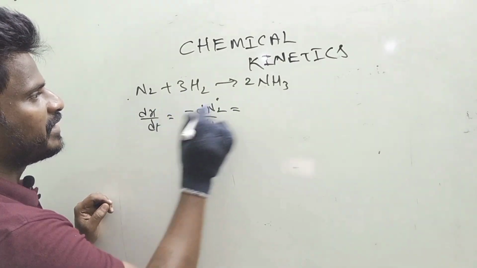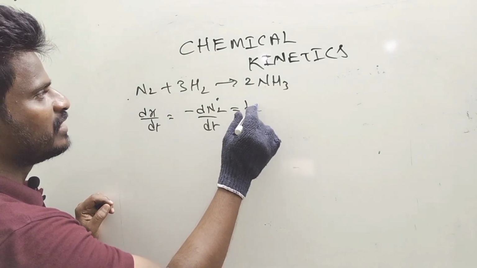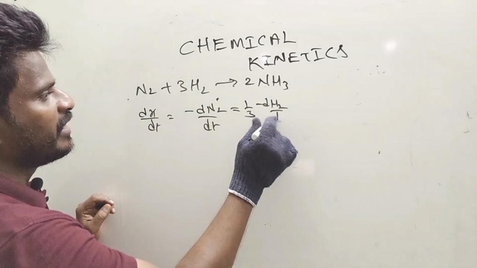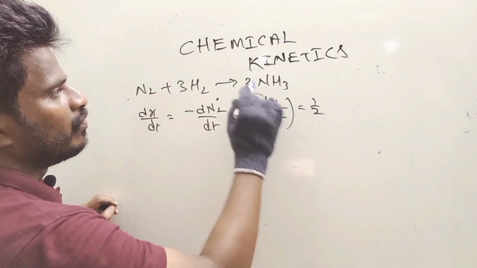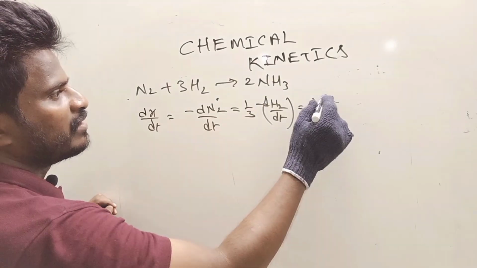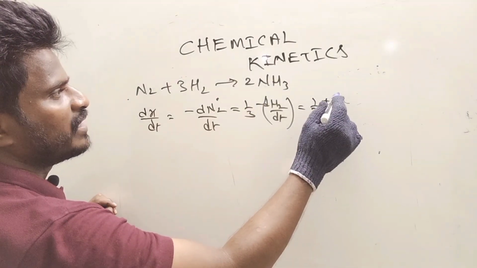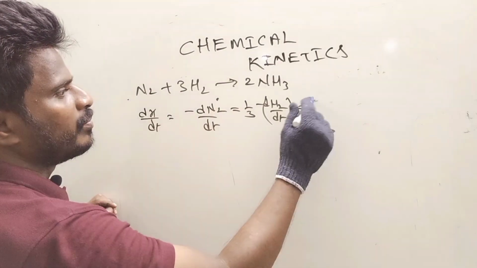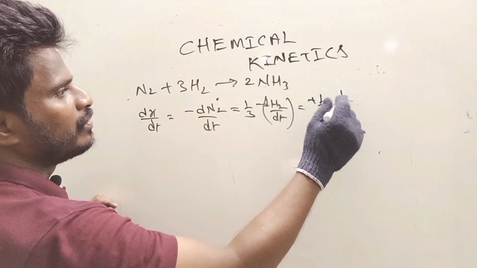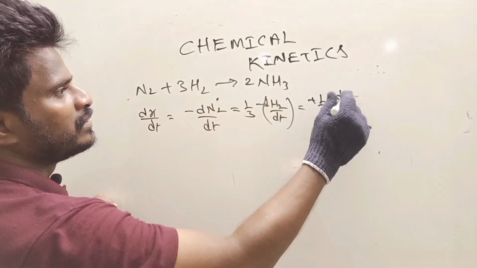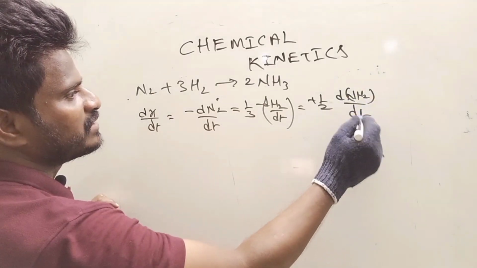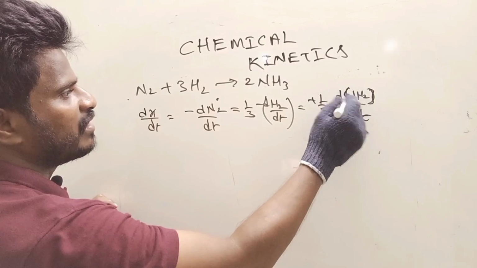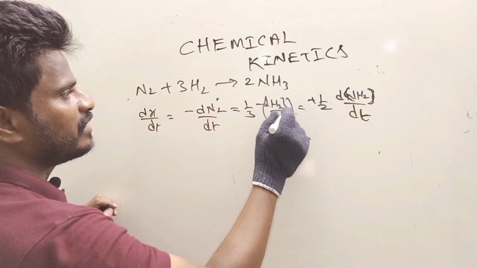H2 is also a reactant, its coefficient is 1 by 3, minus dH2 by dt, that is equal to 1 by 2 into, as product formation takes place, plus 1 by 2 into dNH3 by dt. It is in terms of concentrations.